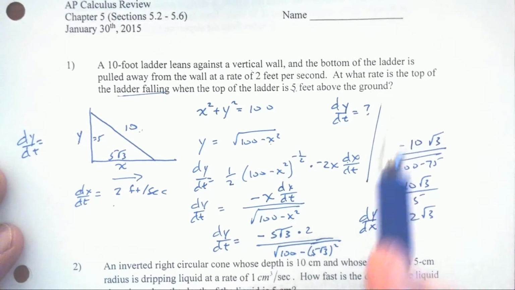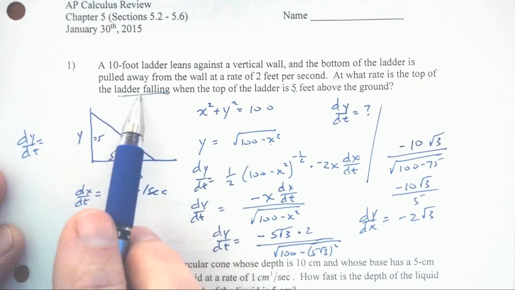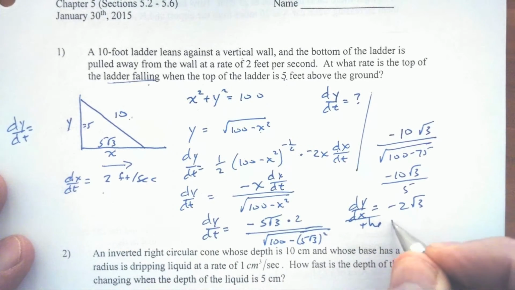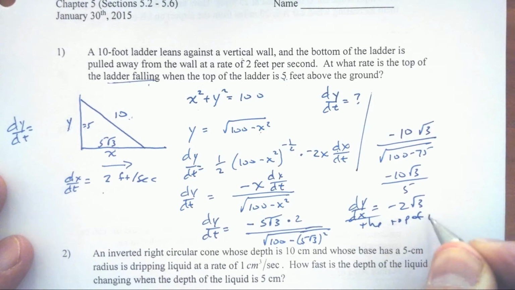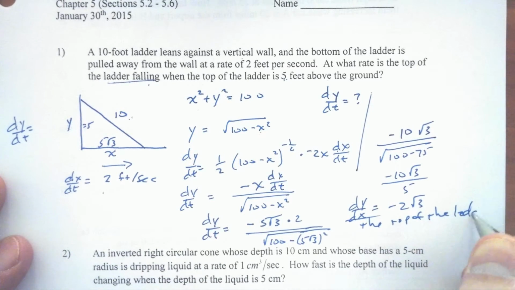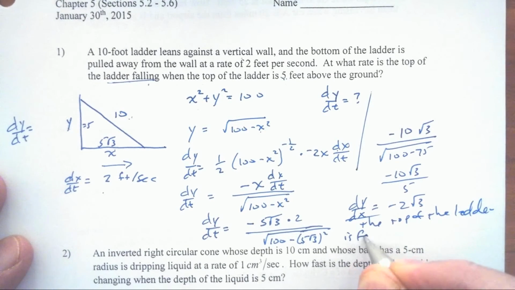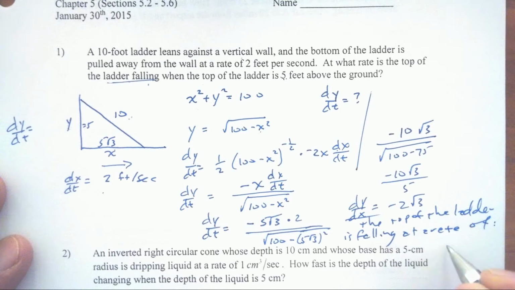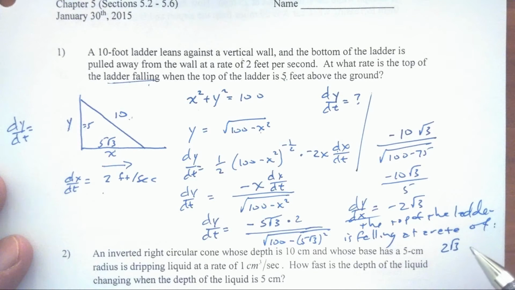Let's answer the question. At what rate is the top of the ladder falling? So the top of the ladder is falling at a rate of 2 root 3, what are we working in, feet per second.